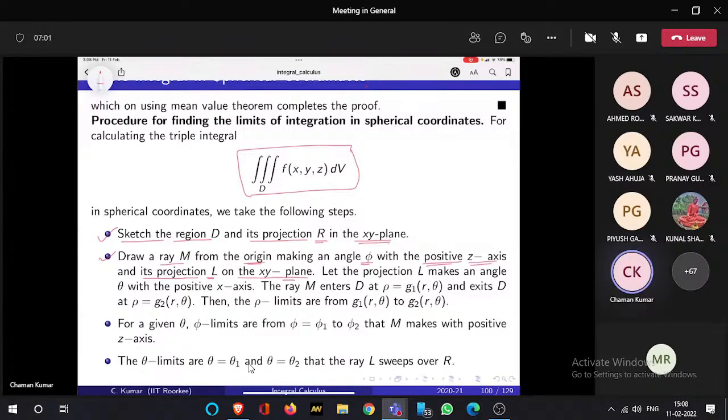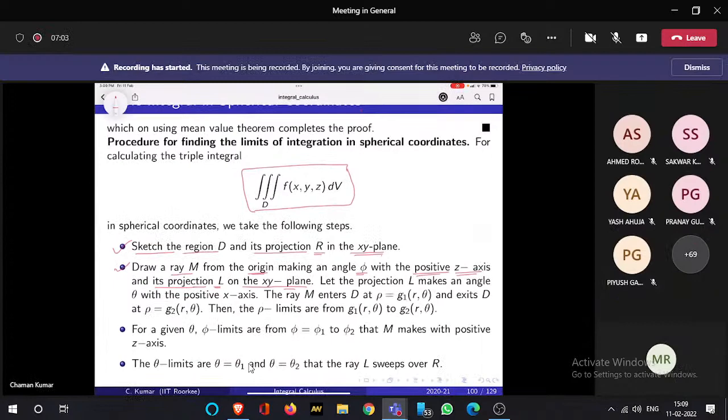Then you identify the projection of this line to the xy plane, and then identify the angle that this projection makes with the positive x-axis. So projection L makes an angle theta with the positive x-axis. The ray makes an angle phi with the positive z-axis.